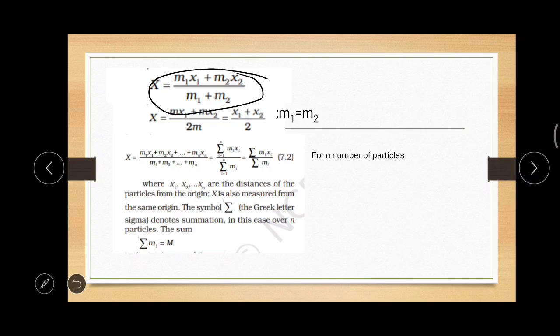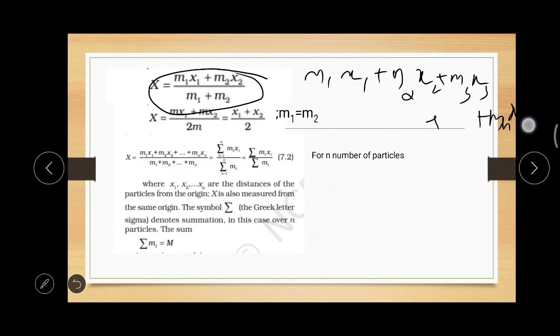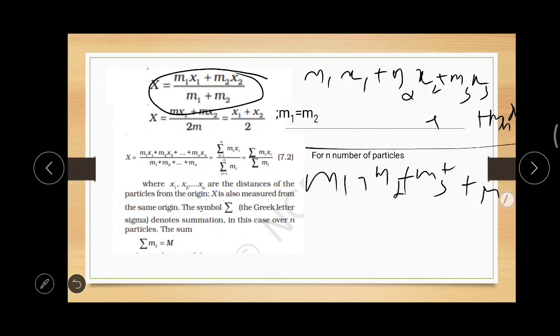So where it was m1 x1 plus m2 x2, now you have n particles, that is plus m3 x3 plus etc. up to mn xn, all divided by the total mass, that is m1 plus m2 plus m3 plus etc. plus mn.